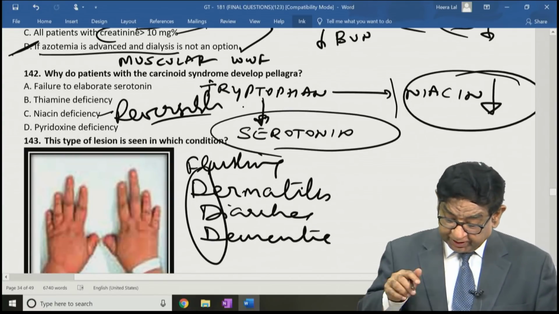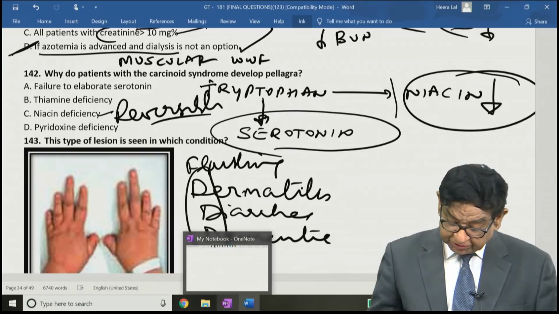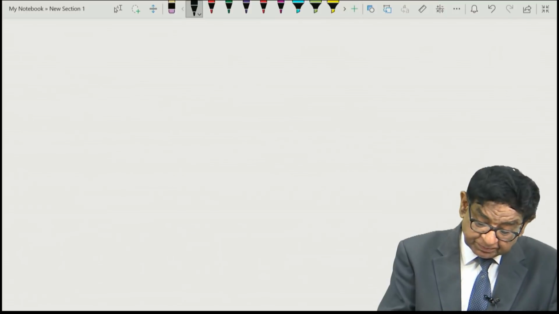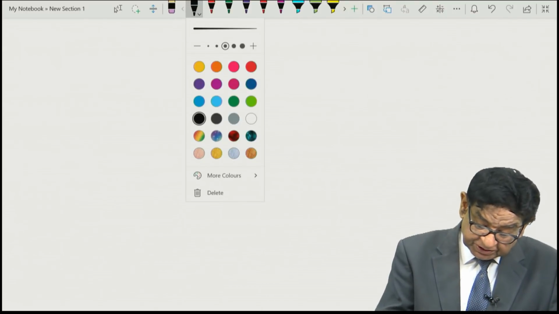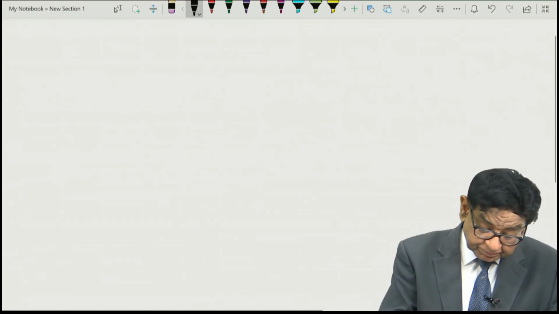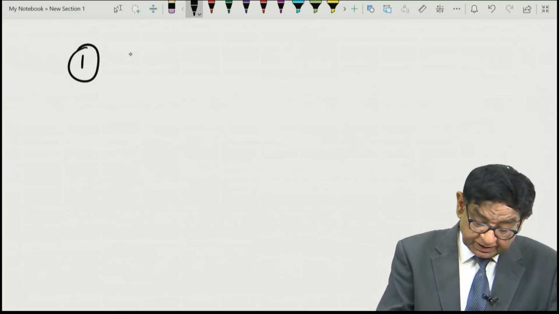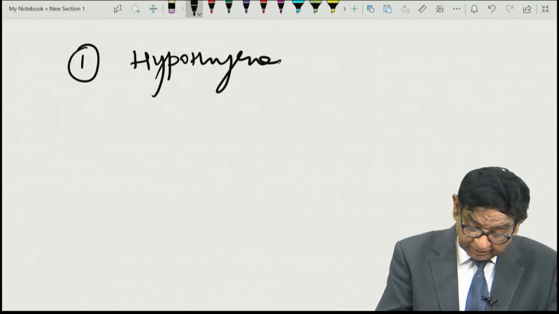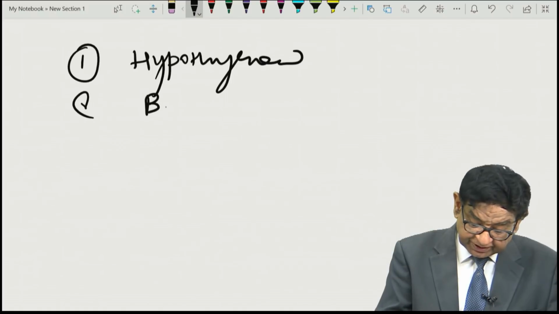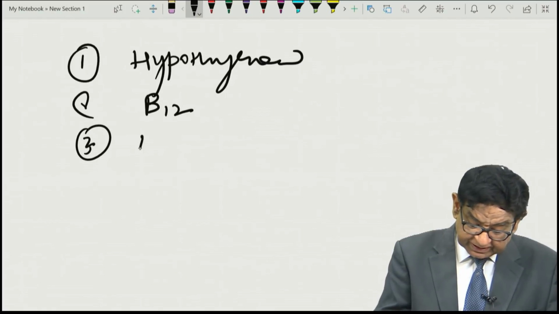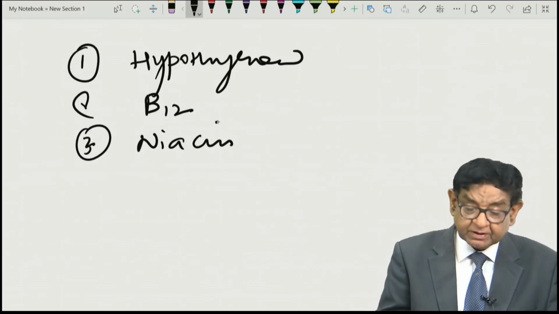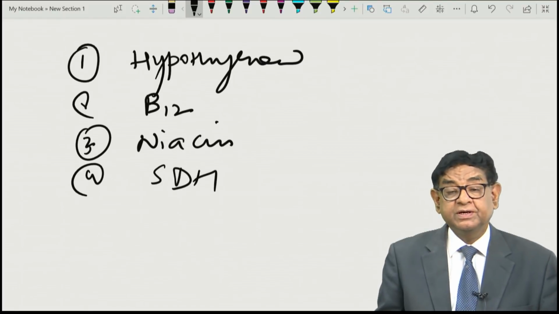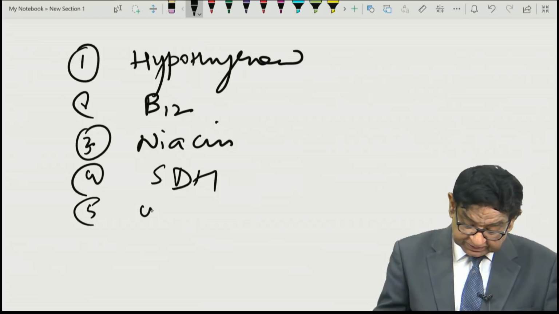So whenever we have to talk about reversible dementia, you should never forget the important causes of reversible dementia. The causes are: number 1, hypothyroidism; number 2, vitamin B12 deficiency; number 3, niacin deficiency; number 4, subdural hematoma; number 5, Whipple disease.